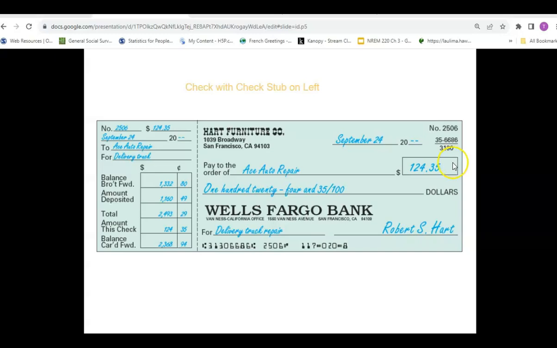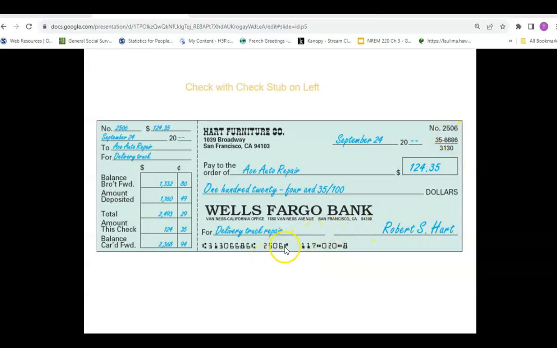Okay, the dollar amount in numerical form as well as in written form. Here we have the memo section, so it's just a brief description of what this specific check is for, and then the signature of the person who's writing the check. And then at the bottom here you have the routing number and also the account number as well as the check number itself.